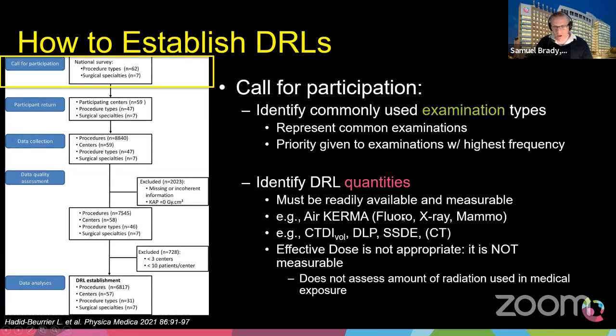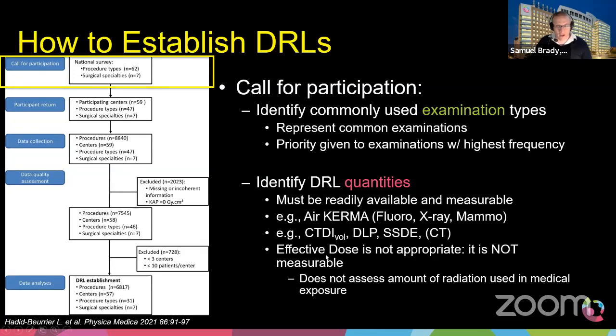So for example, fluoroscopy, radiography, x-ray, mammography, you're going to want to collect something such as air kerma. Or in CT, you have the volume CTDI, DLP, SSDE. All of these are metrics that we can physically measure. And it's important that you have a metric that is measurable to calculate the DRL.